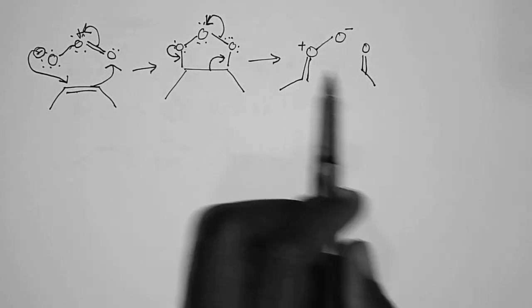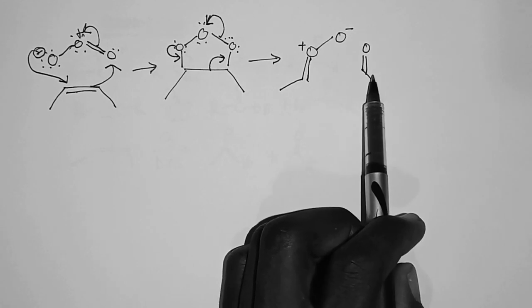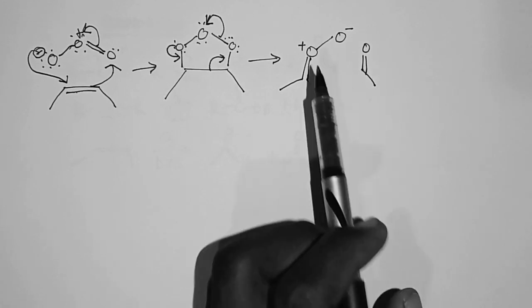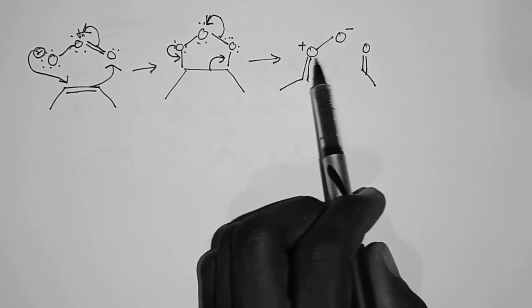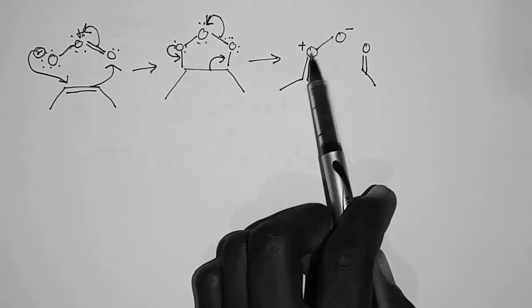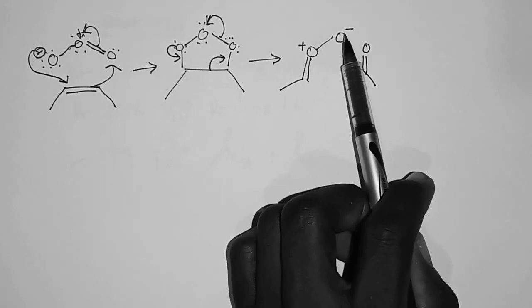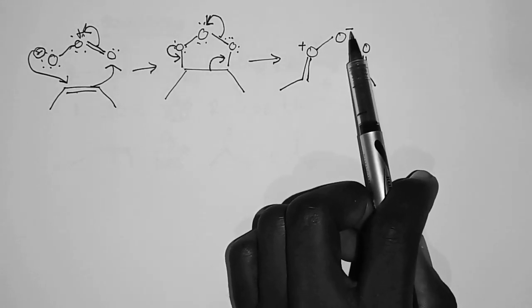If you consider this as two fragments, you see that there is this carbonyl compound here, and then this compound is a carbonyl oxide. You see that this one has a negative formal charge.